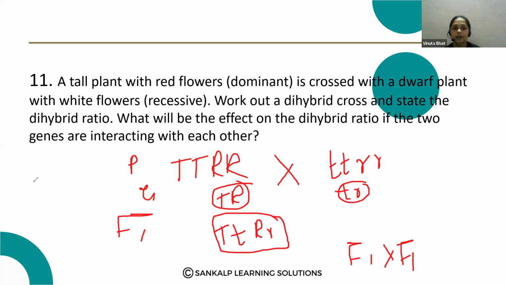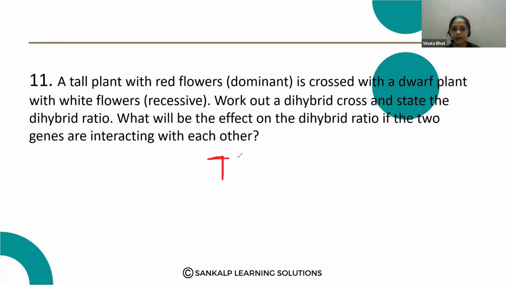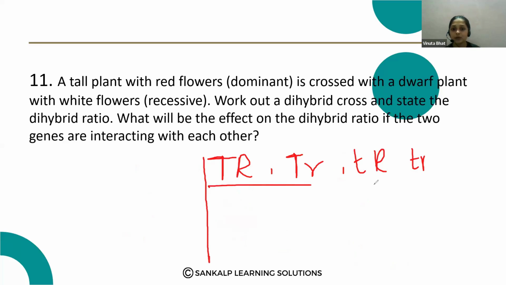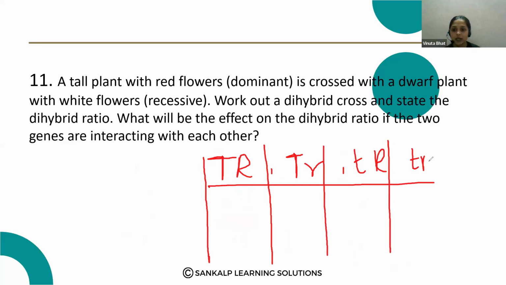the gametes produced are TR, Tr, tR, and tr. So these are the gametes produced. Using these gametes, you have to find out the progenies in the F2 generation by using the checkerboard.